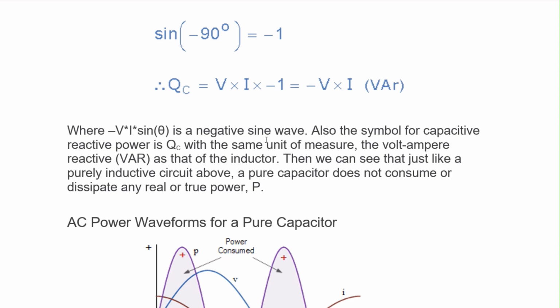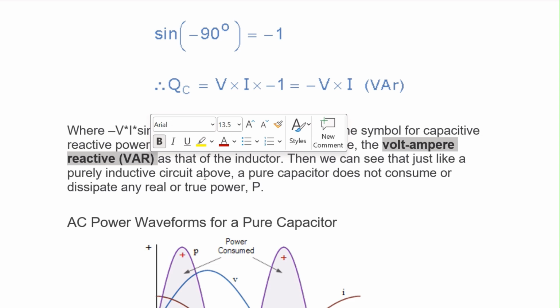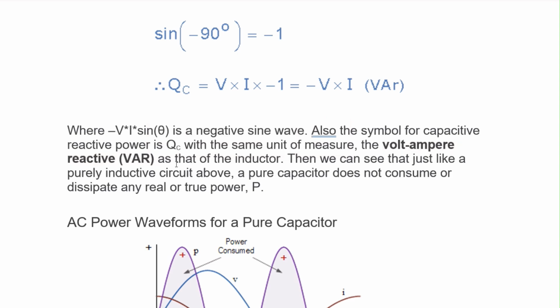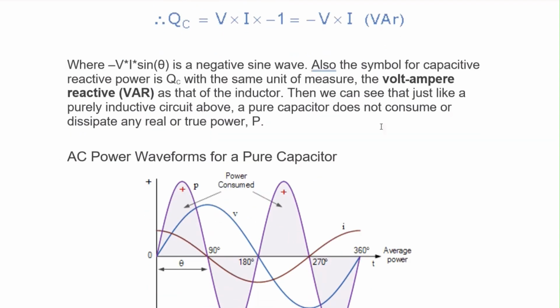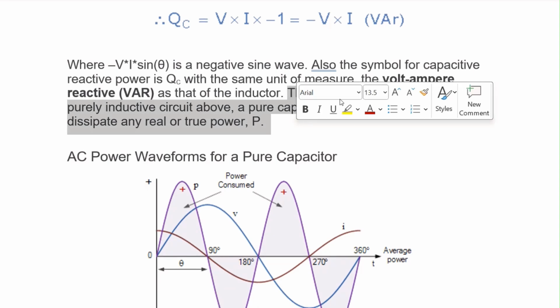Also, the symbol of the capacitive reactive power is QC with the same unit, volt ampere reactive. Here, this is also called volt ampere reactive. So there is no difference, but yet there is a difference from the inductor. VAR is the same, but this is capacitive reactive power.